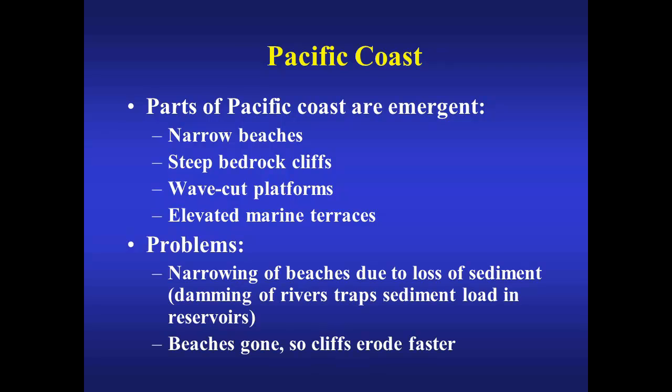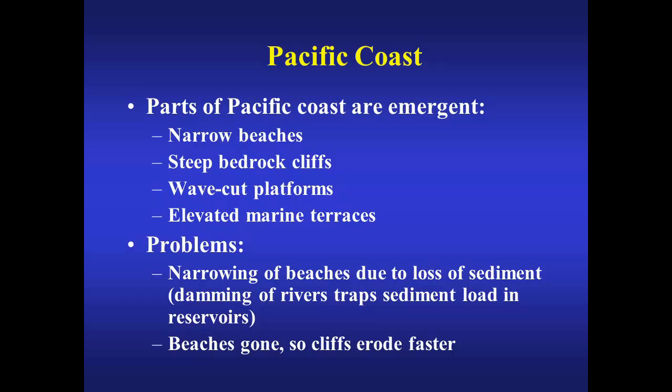The problems include the narrowing of the beaches, oftentimes due to the loss of sediment as a result of damming of rivers upstream of the coastline. The construction of dams upstream basically will trap sediment, and the sediment will accumulate behind the dams and never reach the coastal areas where replenishment or renourishment would typically occur.